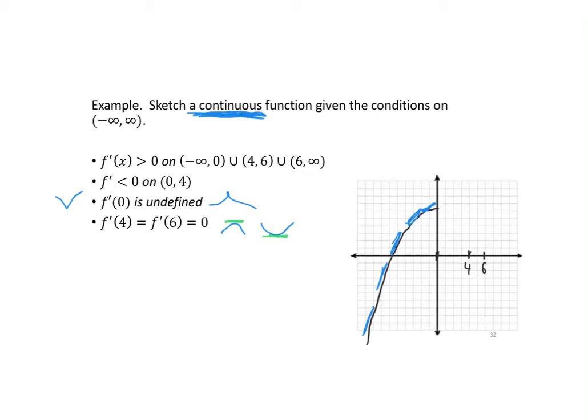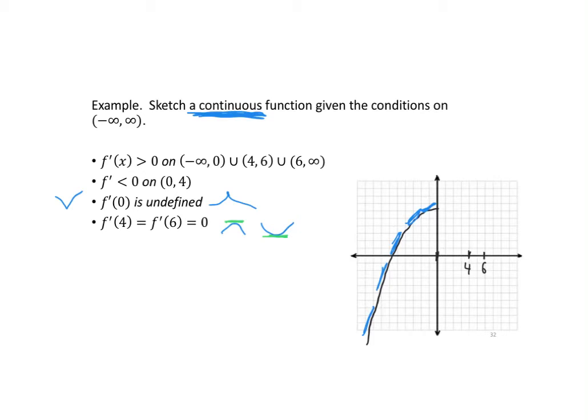I know that f prime of 0 is undefined, so given what I just drew here, I will have to make a corner in some way. I can't make it something nice and smooth like one of these when I continue from 0.